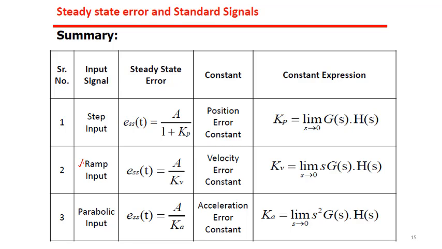Similarly, for a ramp input, e_ss as a function of t is equal to A divided by Kv, where Kv is the velocity error constant, given as Kv equal to limit s tends to 0 of s into G(s) into H(s). And for a parabolic type of input, e_ss as a function of t equal to A divided by Ka, where the acceleration error constant Ka is given as limit s tends to 0 of s squared G(s) H(s).